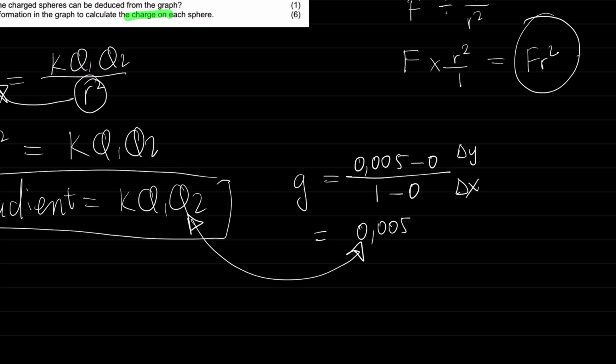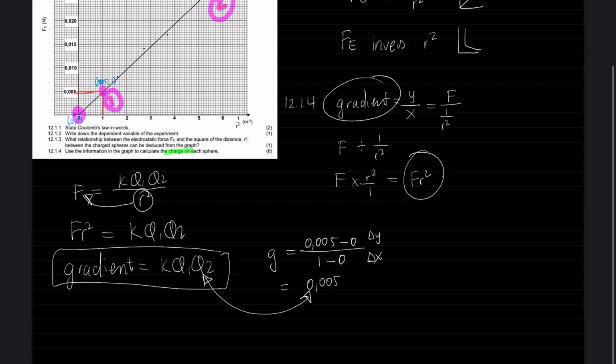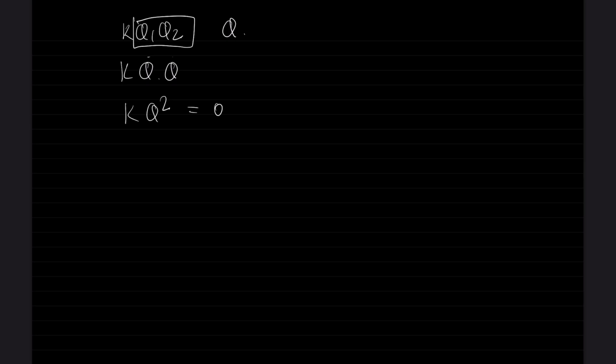How do we use that to calculate the charge on each sphere? Well, since we know that the charges are identical, we were told that the charges were identical, we can simplify our formula. Instead of writing K Q1 Q2, since they are the same, let's just call them Q. So we'll have K times Q times Q. Well, Q times Q is Q squared. So K Q squared is equal to 0.005.